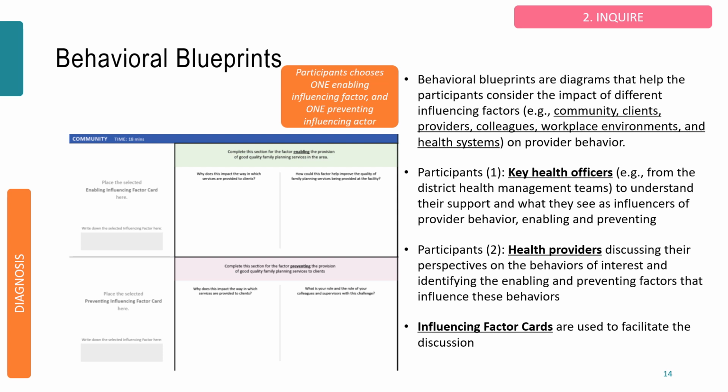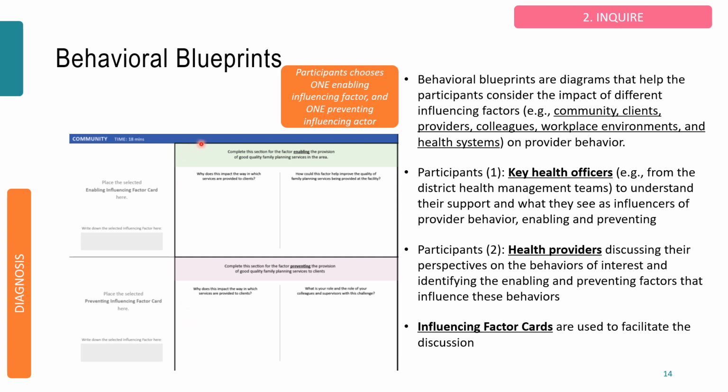Behavioral blueprints help the participants understand how influencing factors affect or impact provider behavior. As mentioned, we have a behavioral blueprint for the health officers, and we have one for the health providers. The influencing factor cards that we mentioned earlier are used at this time to facilitate the discussion.